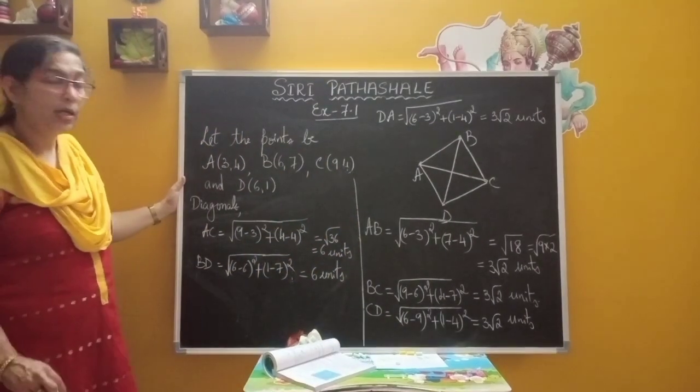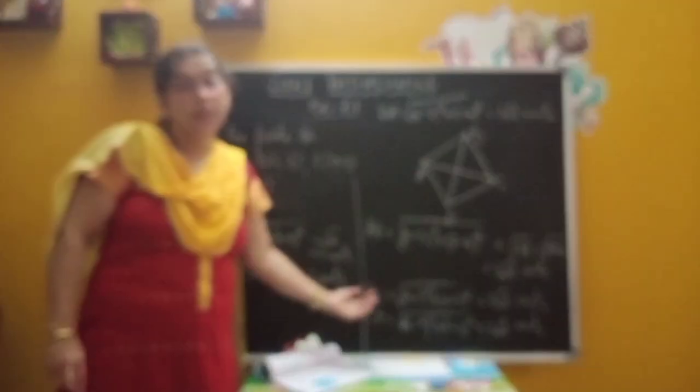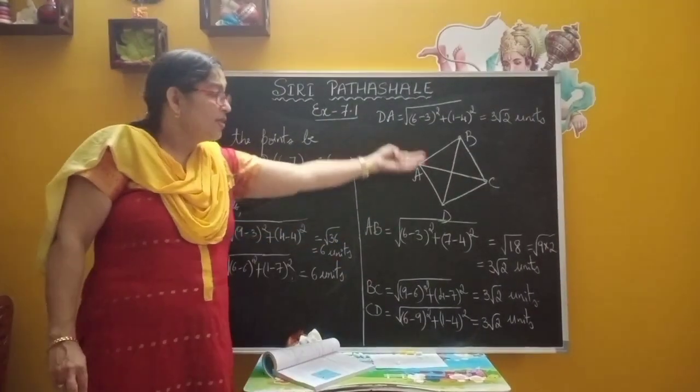So what do you say? Our conditions are satisfied. So ABCD is a square. Who is right? Champa is right.